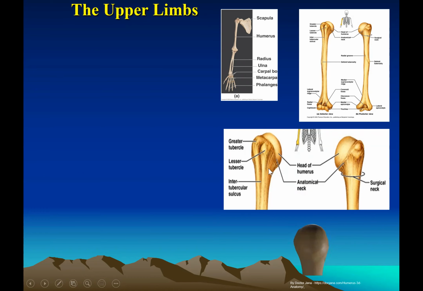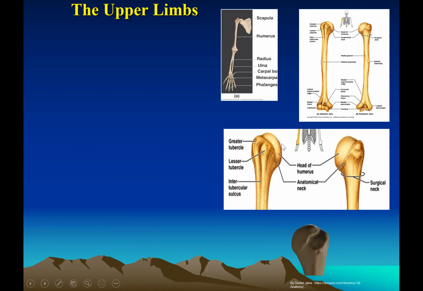So this will attach the head of the humerus to the glenoid cavity. The greater tubercle is lateral. It forms your shoulder tip. The lesser tubercle is anterior, and it's also medial.